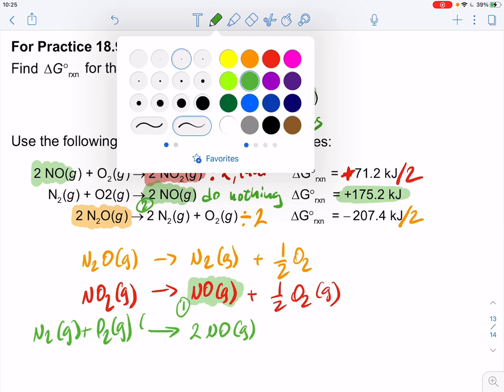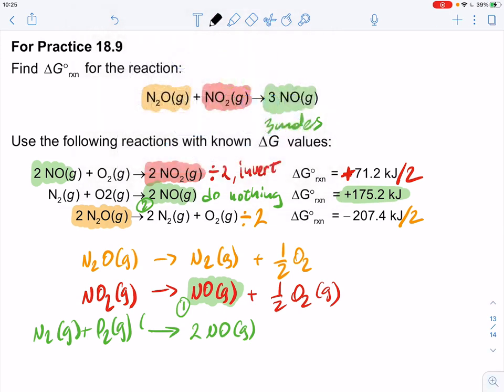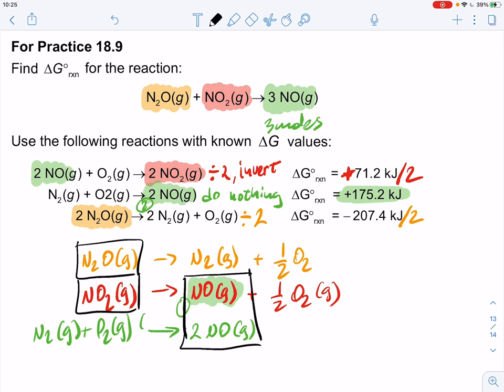Okay, let's keep track of what we want to keep. So we want to keep the nitrogen monoxide, the nitrogen monoxide, and the nitrogen monoxide. Okay, there you have your 3 moles of nitrogen monoxide. Everything else has to go.